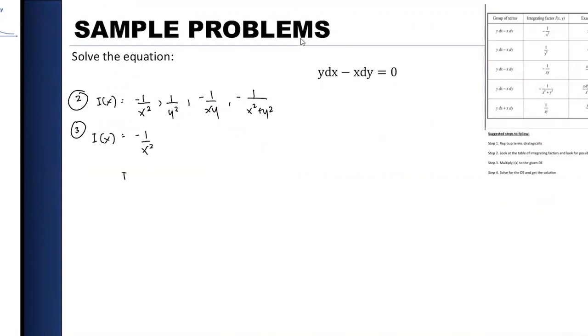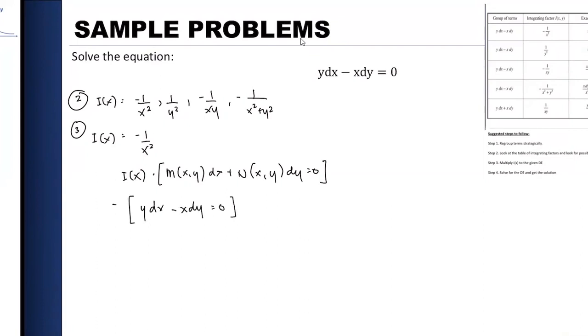Okay? Again, the integrating factor is i-multiply natin dun sa given na differential equation natin. Ayan. So, let me copy the given y dx minus x dy is equals to 0 multiplied with negative 1 over x squared. Okay?